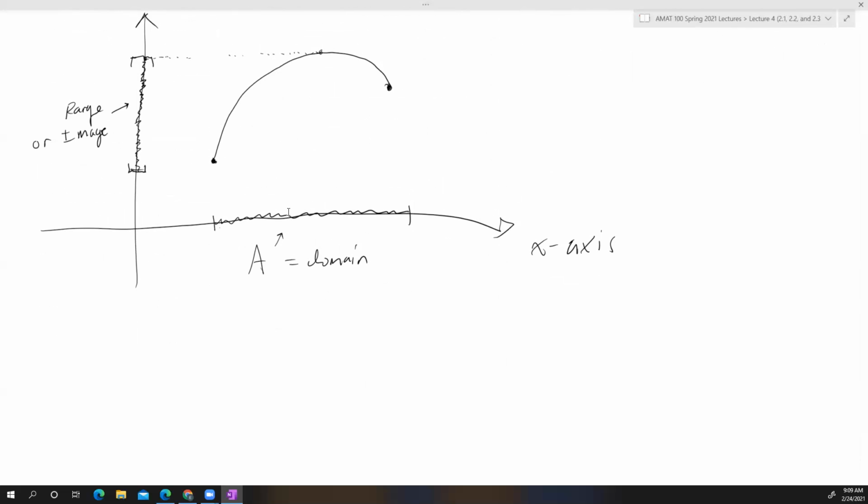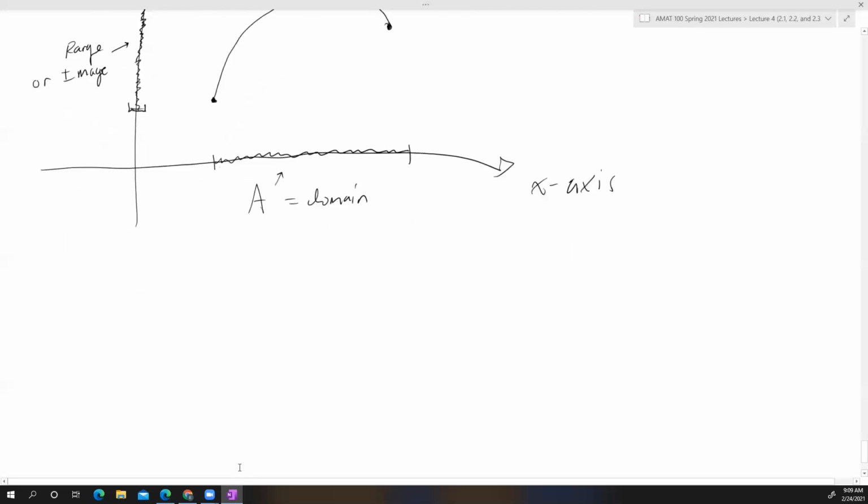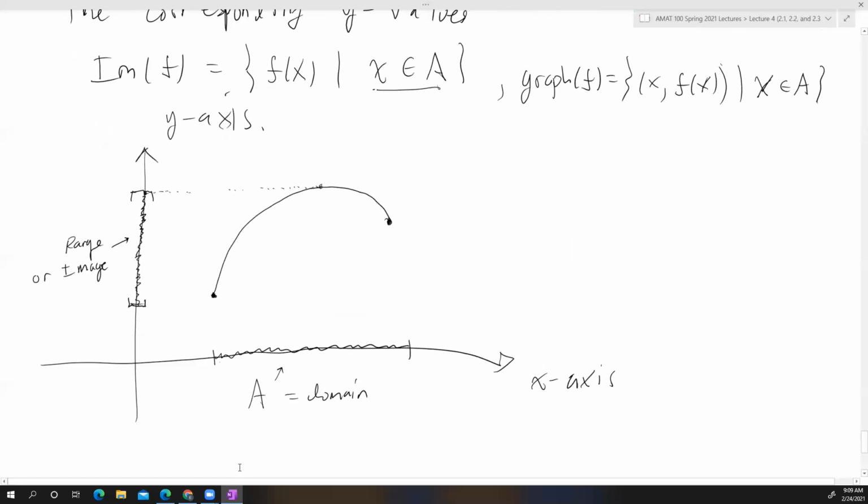The range could be a little bit more tricky to determine. Obviously, if you have a graphing calculator or something like that, it's a little bit easier to determine the range. So this is the geometric way of viewing domain, codomain, and the range, or the image.